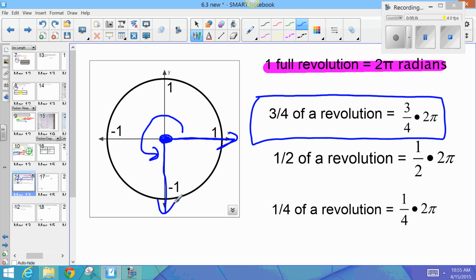So 3/4 of a circle would end up down here on the negative y-axis. And that would be equal to 270 degrees.